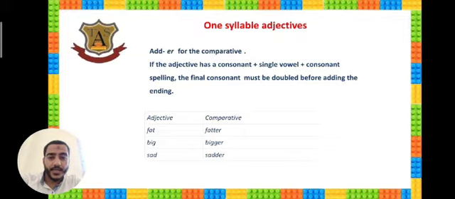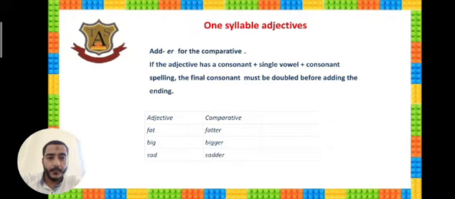So we have to double the last consonant, the letter T here. It will be fatter, F-A-T-T-E-R. Why do we double the last letter here? Because it's fat: consonant, vowel, consonant. We have to double the last one.